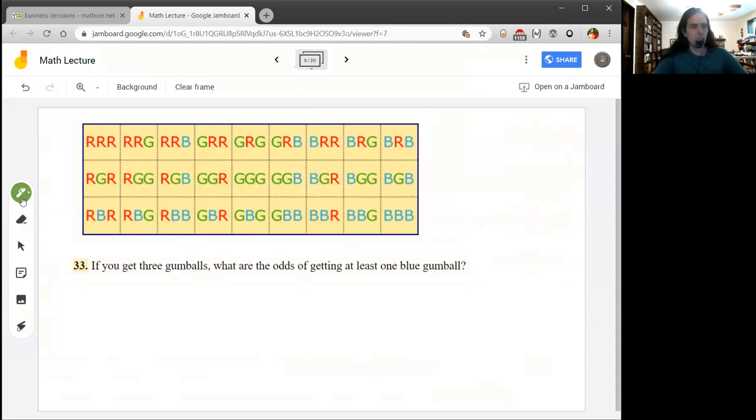So it is still true that when we went through and counted them, 1, 2, 3, 4, 5, 6, 7, 8, 9, 10, 11, 12, 13, 14, 15, 16, 17, 18, 19 ways to get at least one blue.